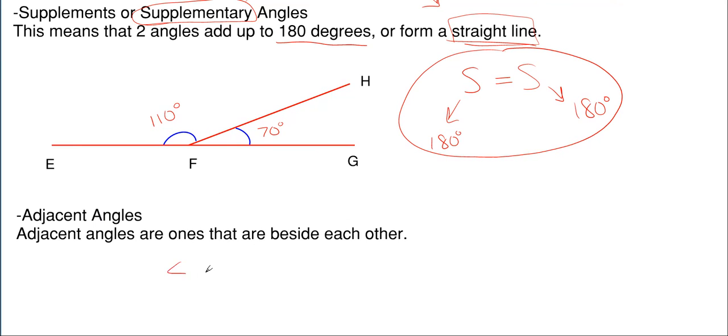So you could write it like this: angle EFH and angle HFG are adjacent. Keep in mind that the center letter is where the angle is actually occurring. Basically, anytime you see the word adjacent, that just means directly next to. Alrighty.